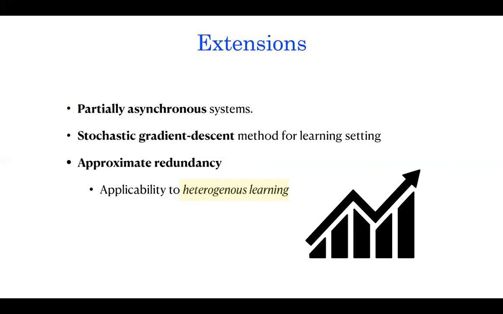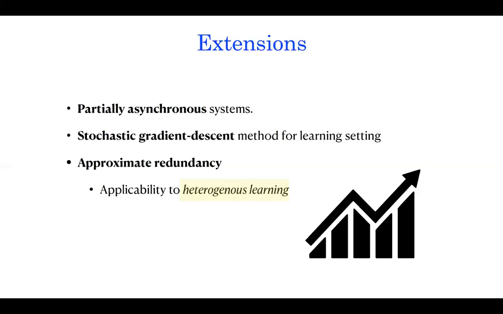And the third, which is quite important, is extension to approximate redundancy, because in many practical systems, because of system noise, observation noise, data noise, execution noise, communication noise, you may not exactly have 2f redundancy as ideally defined mathematically in our previous slide.